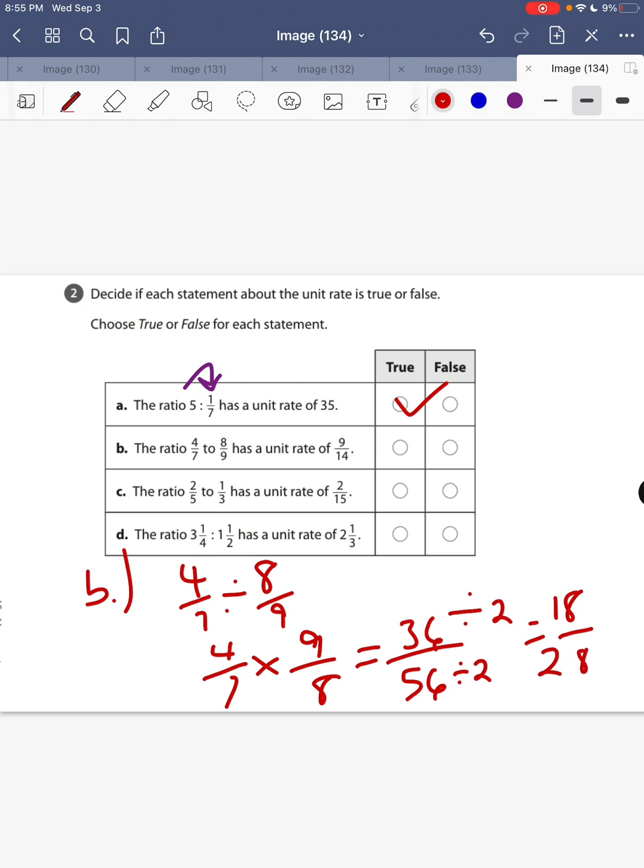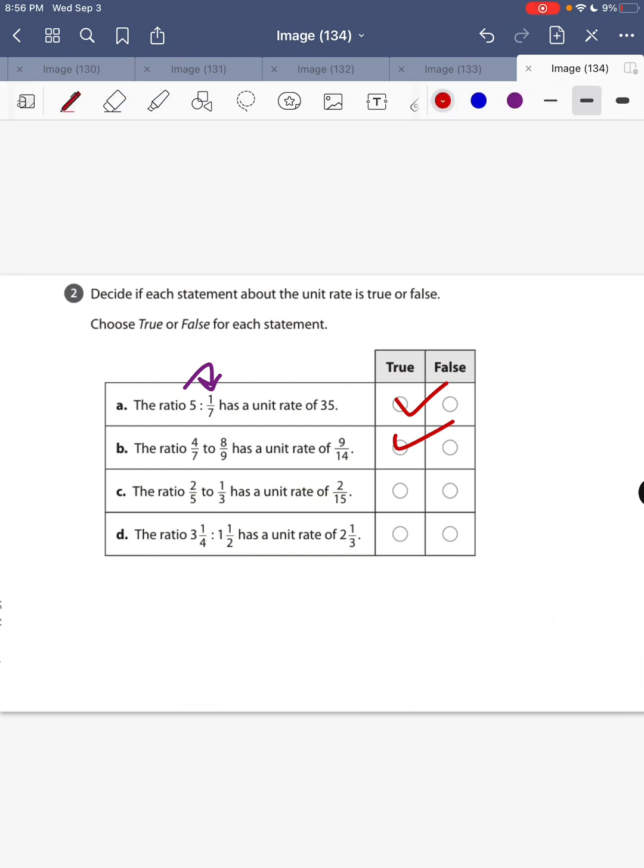Okay, they're even again, so you can divide by 2, and you're going to get 9/14. That is, let me rewrite that. 9/14. That is true. So that is what we're going to mark true for.